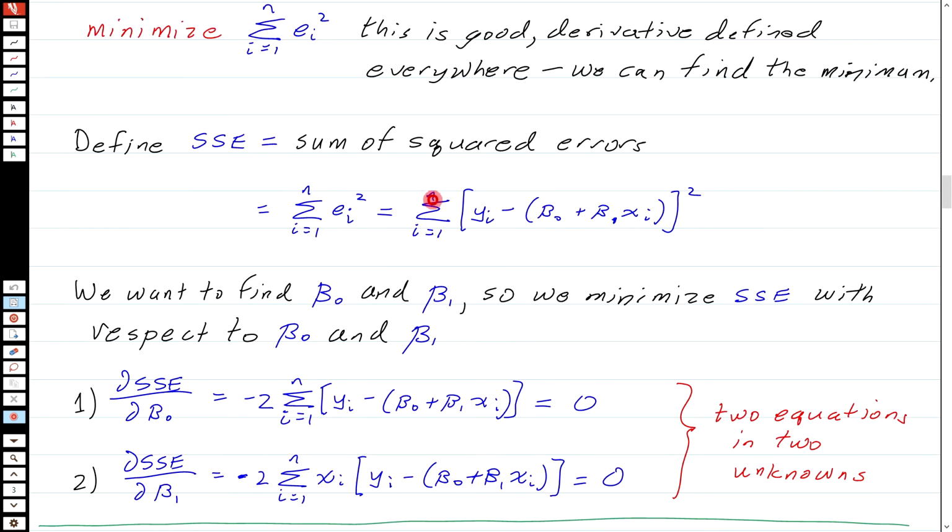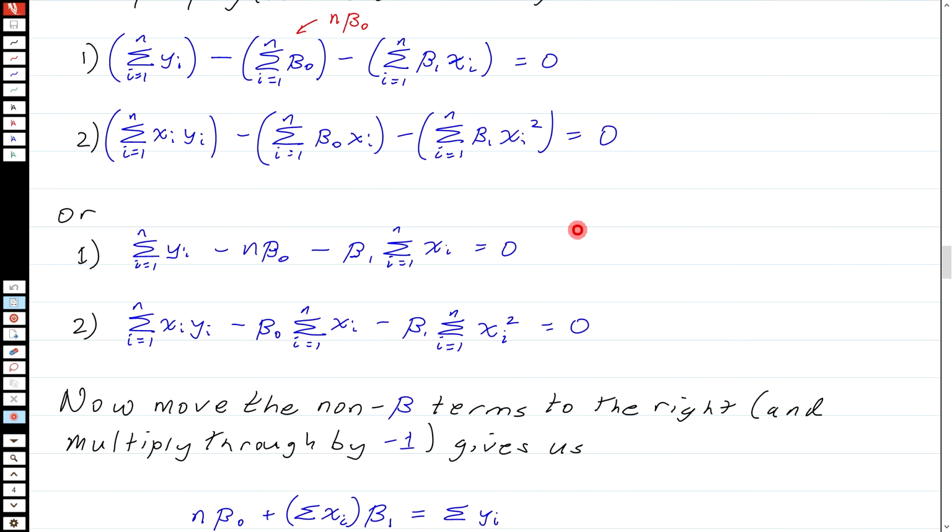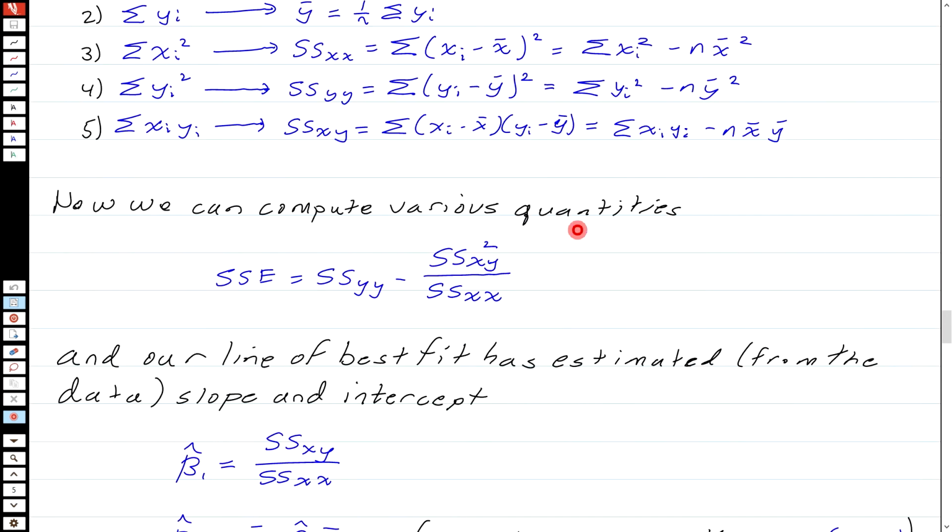This guy here is the SSE, the sum of the squared errors between our observations and our predictions. And SSE now can be obtained directly from these things that we've computed up here, SSYY, that was the one that we needed here to find this SSE, minus SSXY squared over SSXX.